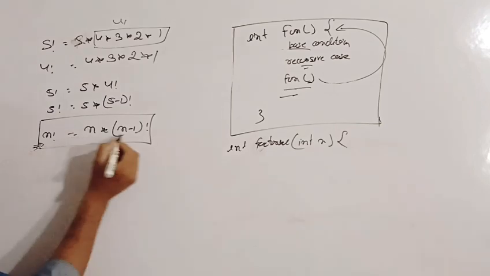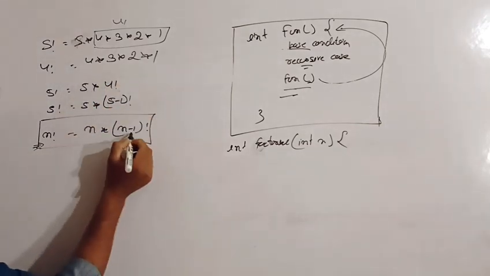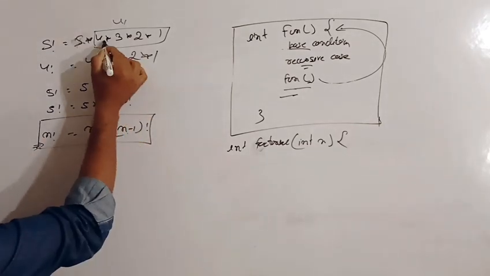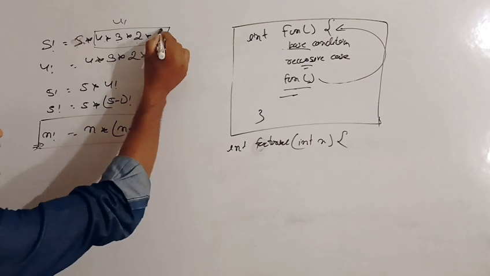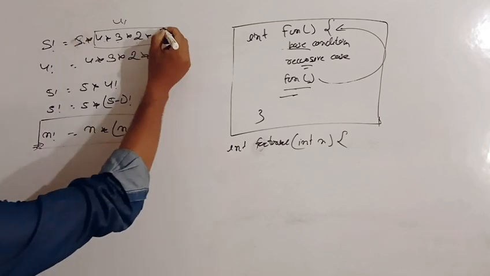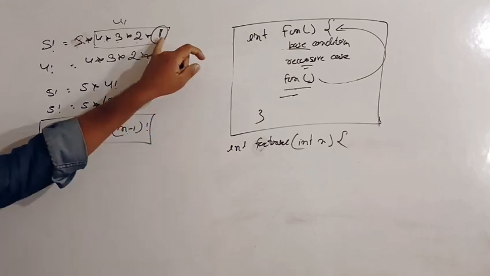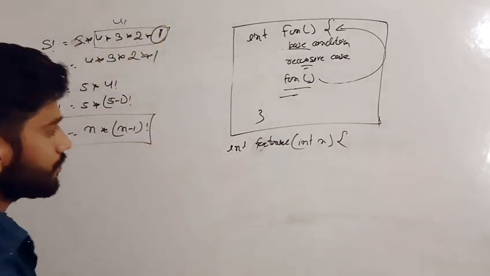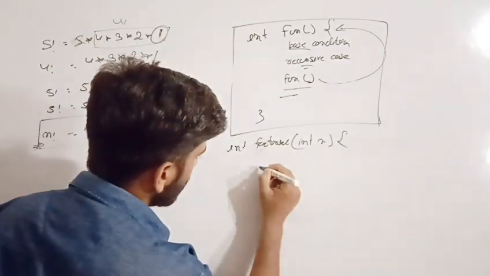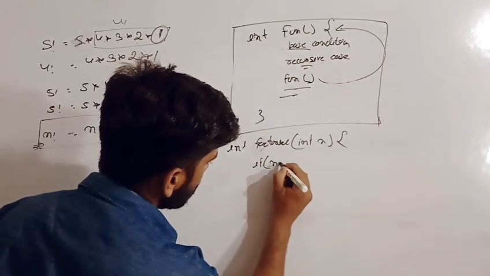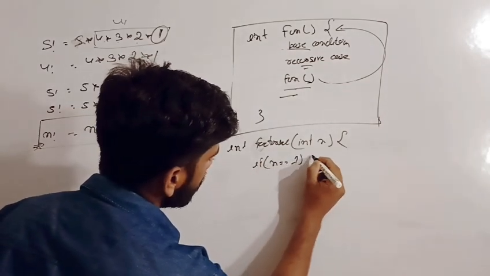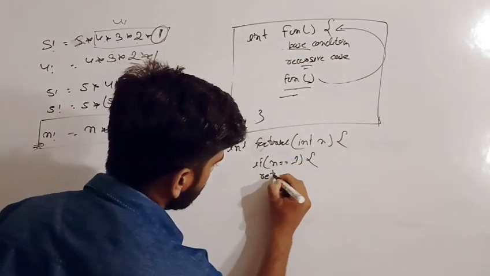We are decreasing 4, 3, 2, 1, so when we reach 1, we have to return. Our base condition is 1. So if n is equal to 1, then we have to return.